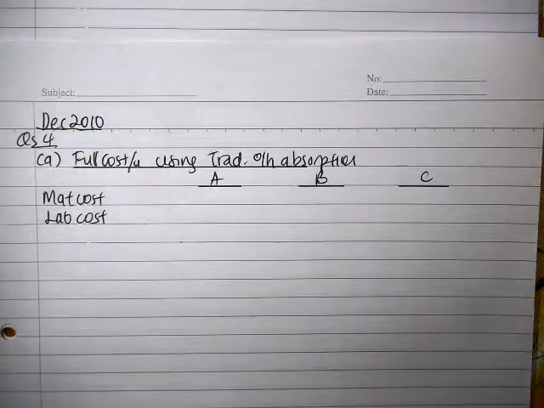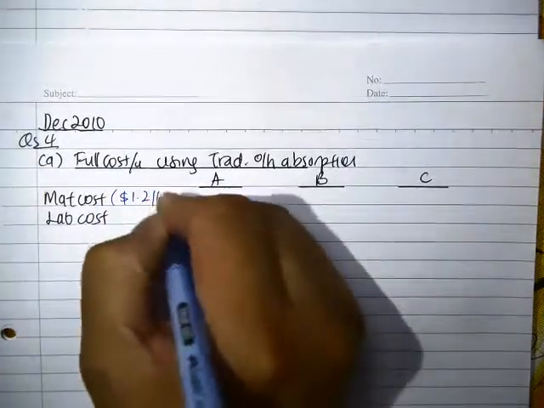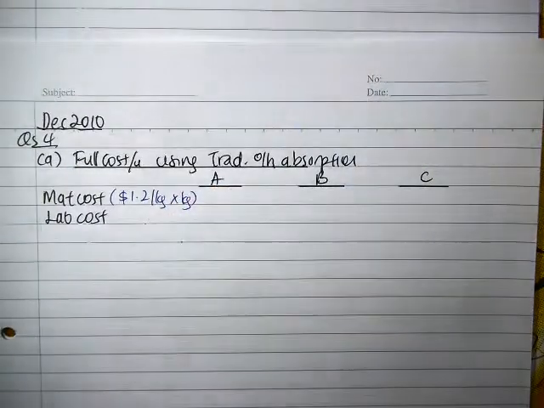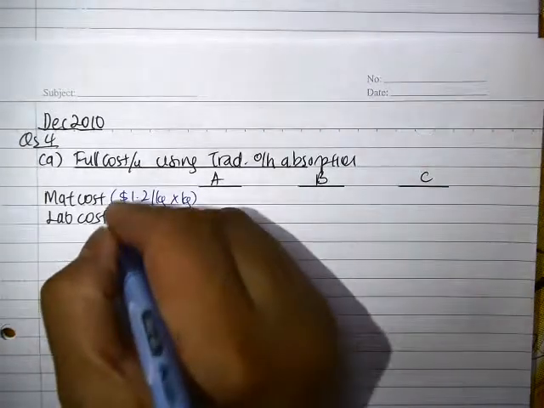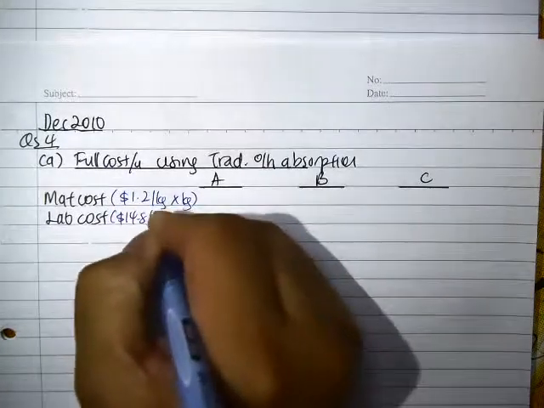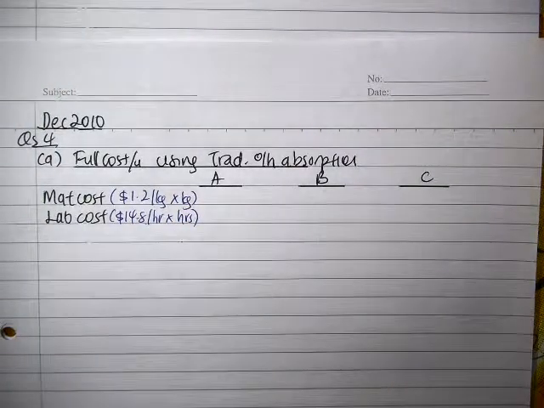The material cost is given at 1.2 per kilo. Then multiply by the number of kilos. Whereas the labor cost is 14.8 per hour. Then you multiply by the hours. Okay?